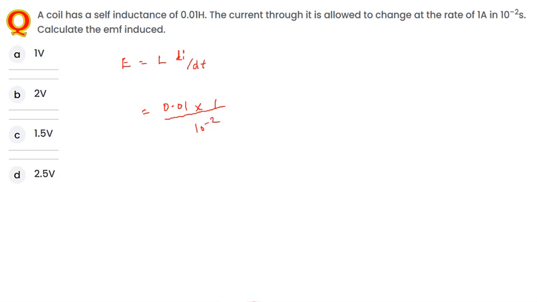So this one you can mention as 1 into 0.01, that is 0.01 into 10 power minus 2 in the numerator, which is 10 square. So this is 0.01 into 100. So what you are having here is 1. EMF in this case is 1 volt. So the answer here is 1 volt.